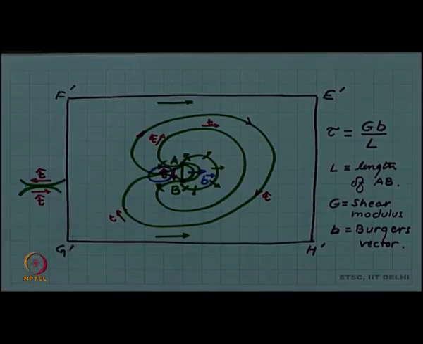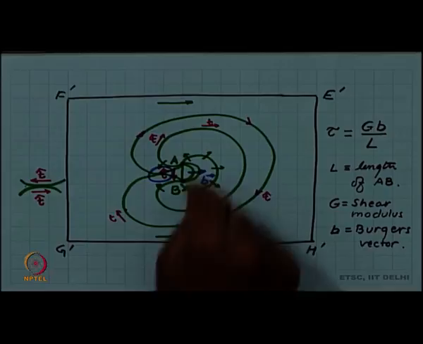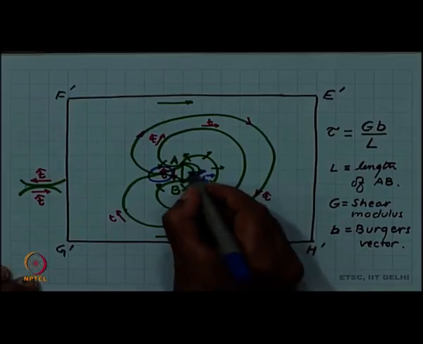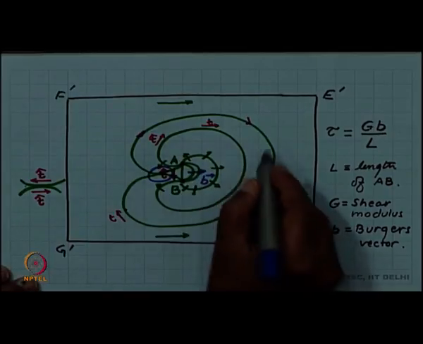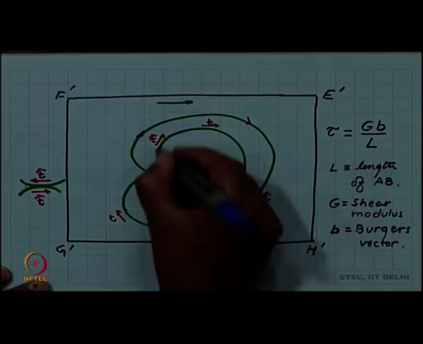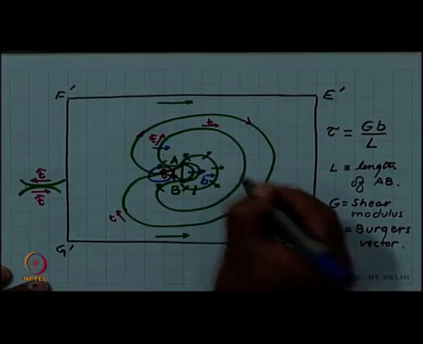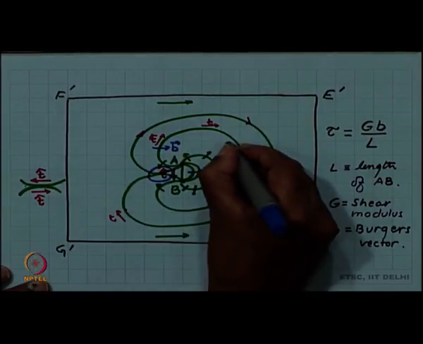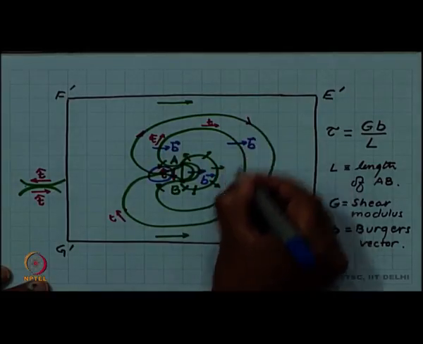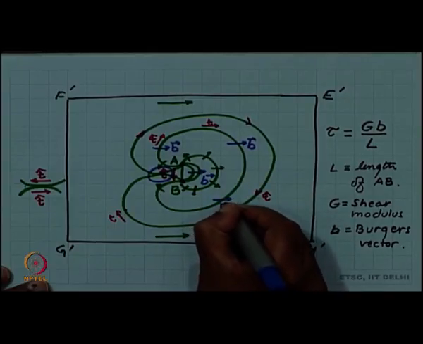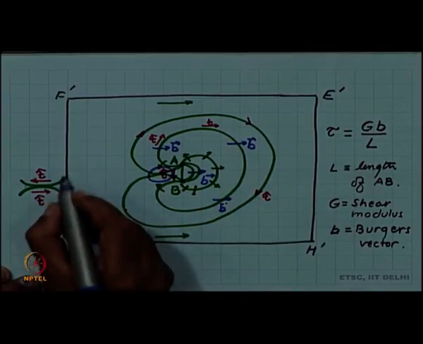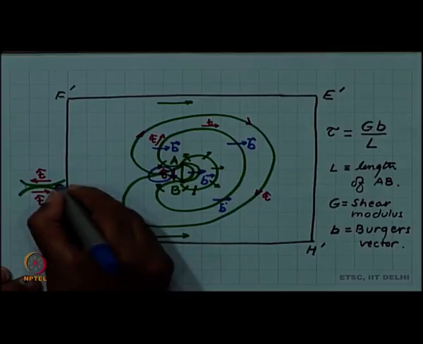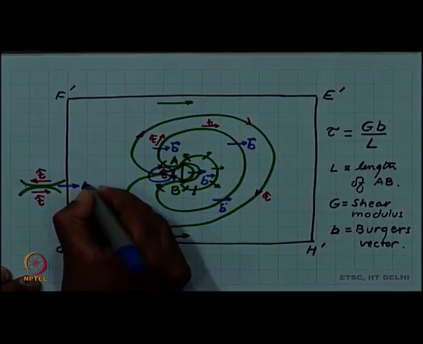So, these two segments have opposite T vectors, but what about the B vector? The B vector we had shown by this blue vector, and B remains constant for a curved dislocation line. We have seen that if this dislocation has this B, it will keep having the same B everywhere. Which means both these segments have the same B given by the blue vector.